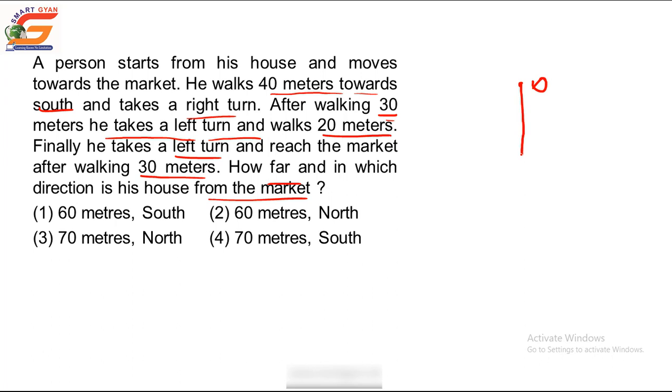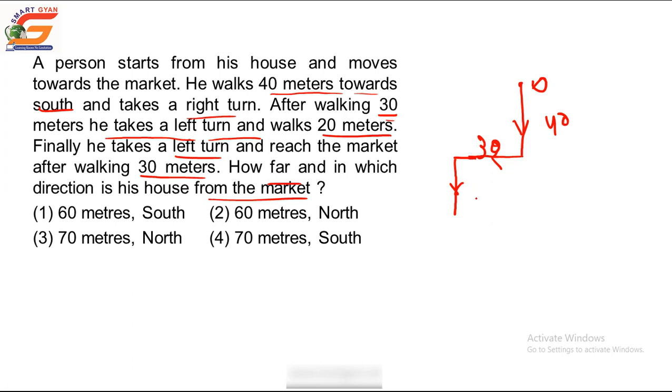He walks 40 meters towards south. From this point, first he moves 40 meters towards south and takes a right turn. When we move south, our right will be towards this side. Moved right, and after walking 30 meters, he takes a left turn. The 30 will be proportionately less than 40. Left means once again going down.